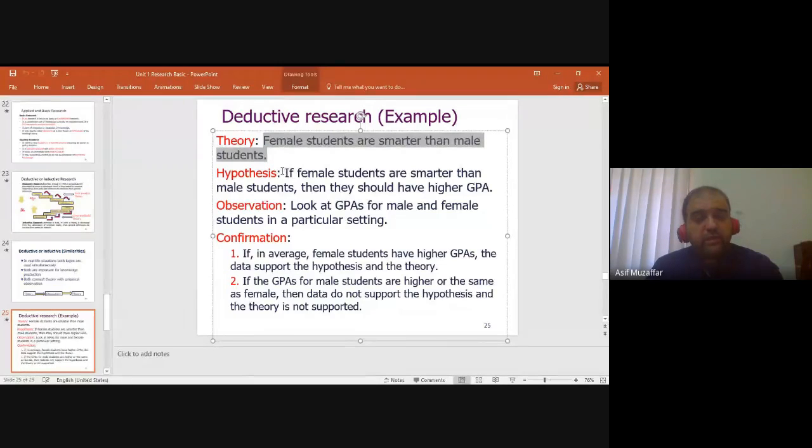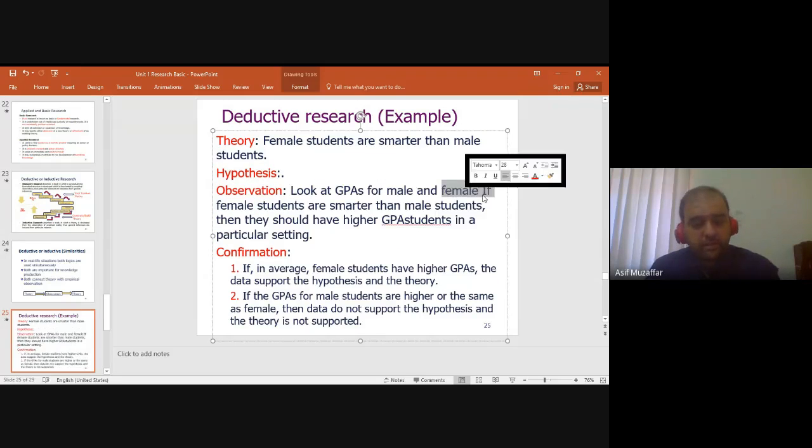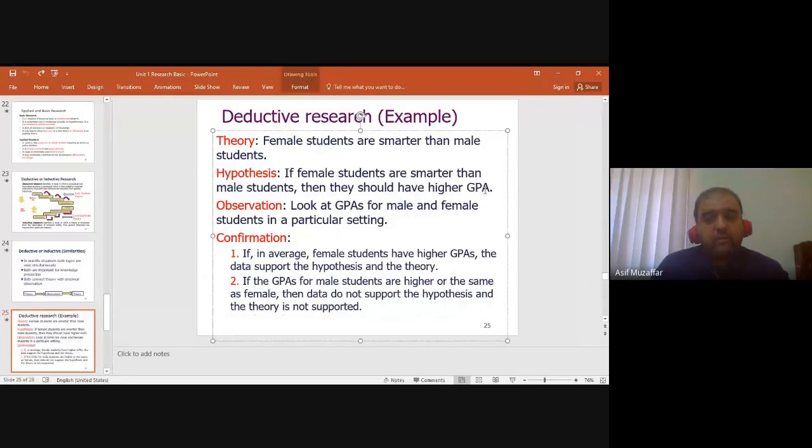Based on it, you make a hypothesis that if female students are smart, then they should have higher CGPA. Now, what type of data will you collect? Quantitative data about the GPAs of boys and girls, male and female students in the university.